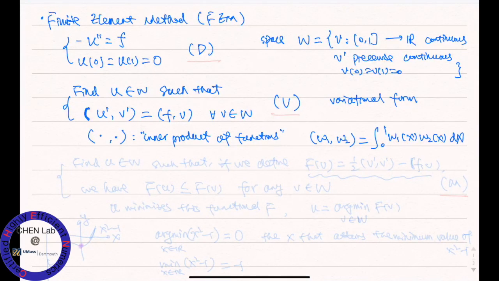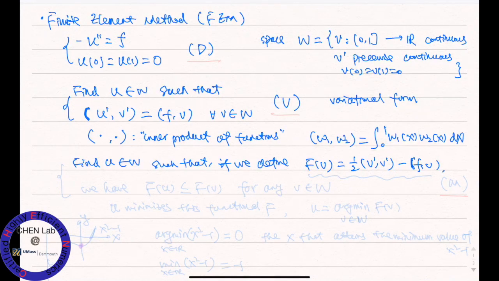The third problem, which is interesting, is that this equation is actually equivalent to a minimization problem, which is: find u in the space W such that, if we define a functional F(v), a functional is a function of functions, you give me a function v, I calculate it according to this and get a number, 1/2 (v', v') minus (f, v).